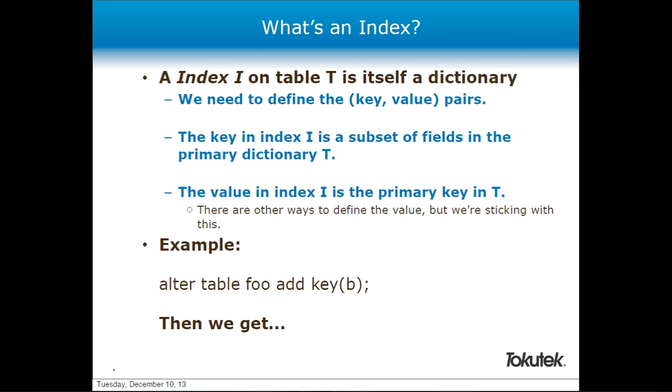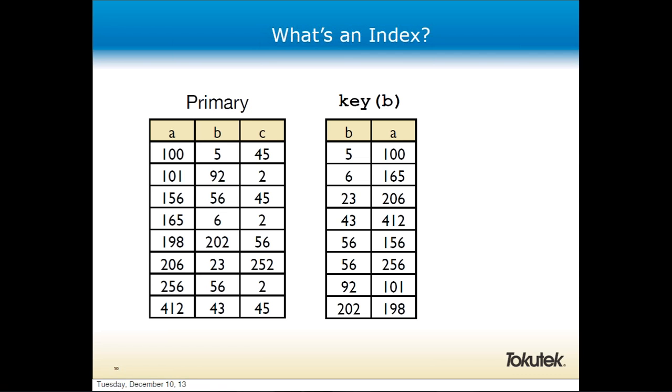As an example here, if you alter table foo, add key B, you get two dictionaries. The first dictionary over here is your primary dictionary, your main dictionary, the one that actually stores your data. It's sorted on the primary key of A. In the secondary key of B, you've got your rows sorted by B. You'll notice over here, B is not sorted, it's in random order.